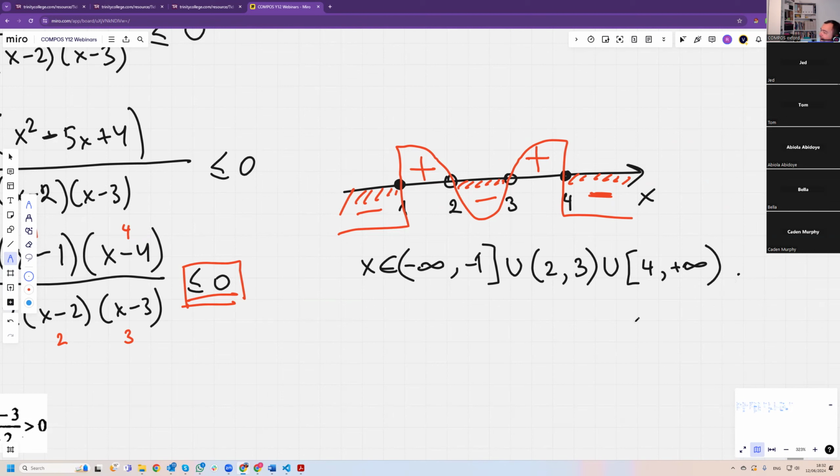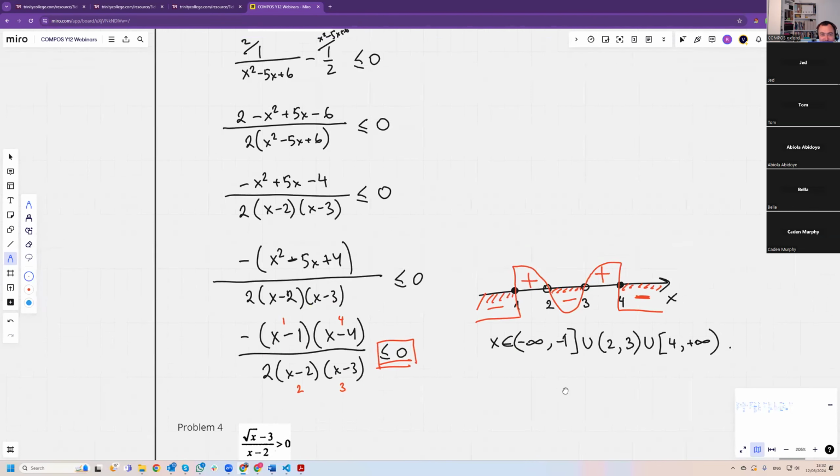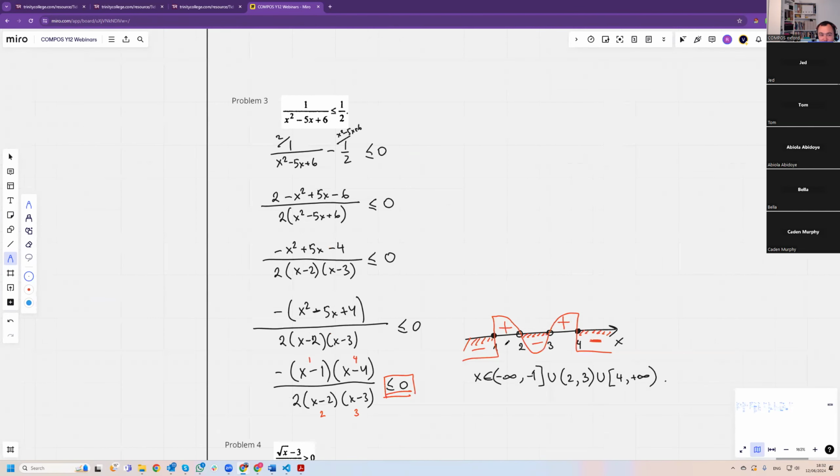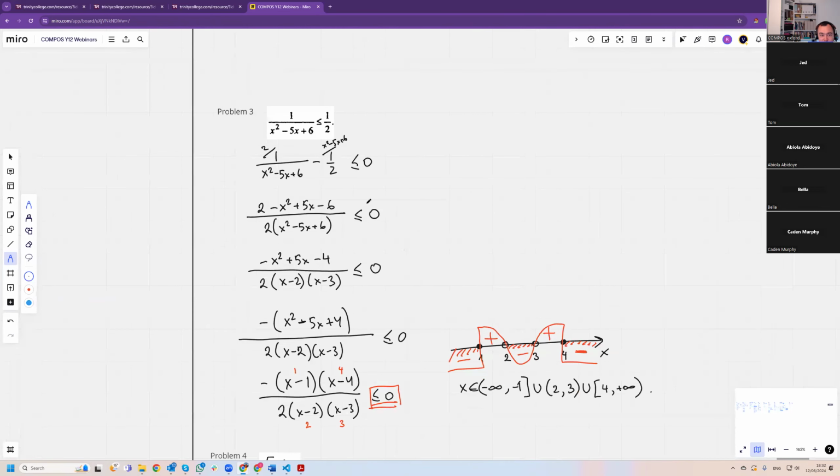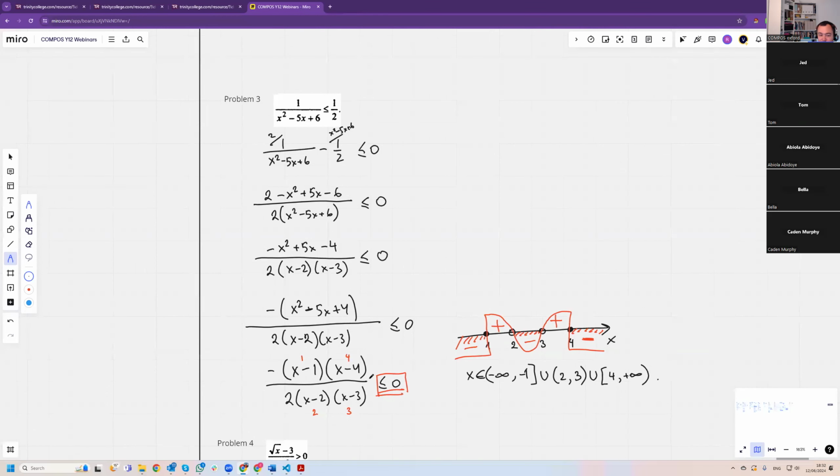Then that's it. So it all boils down to getting your inequality to look like this, like a fraction with a 0 on the right. Once you've done that, everything else is smooth sailing.